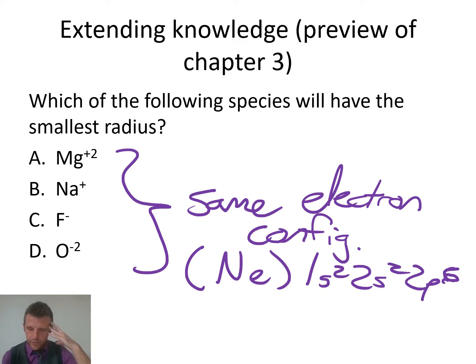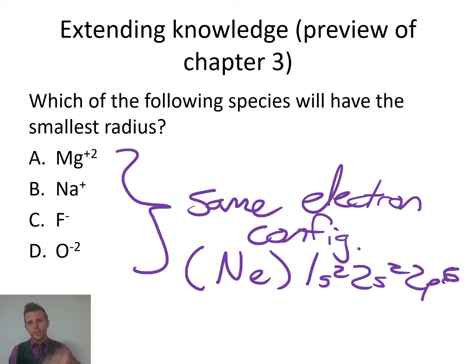And if something is going to be a small radius, what that means is the electrons around that species, that nucleus, are going to be pulled in much tighter than the other options. And since electrons are negative, protons are going to be able to pull those electrons in tighter.